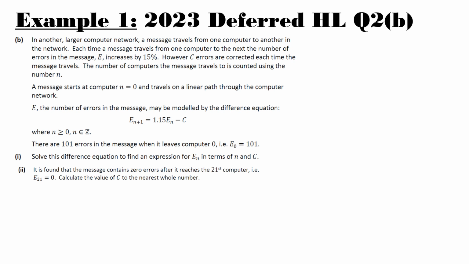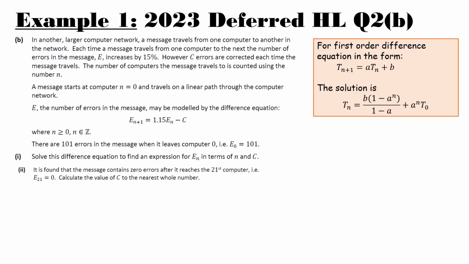So part 1 asks us to solve this difference equation and find an expression for En in terms of n and C. So this is a first order difference equation and it's given in this form.